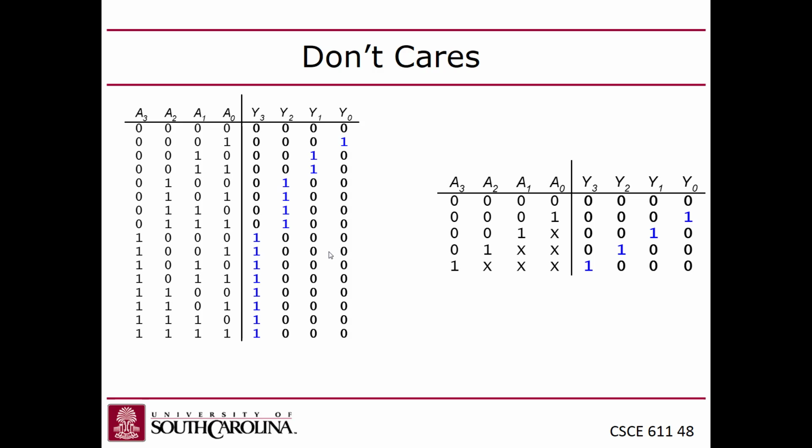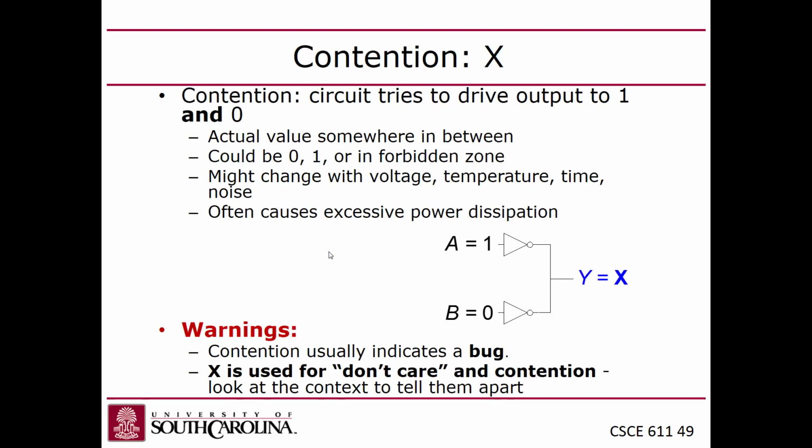Okay, also this idea of an X. What is an X? Well, in the previous slide, they used X for don't care, but it can also mean contention, meaning that you have a bug in your circuit. You've got 2 or more gates that are trying to drive the same net, the same wire, the same physical conductor, right?